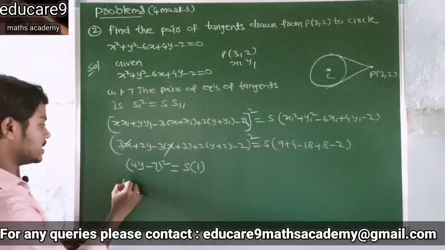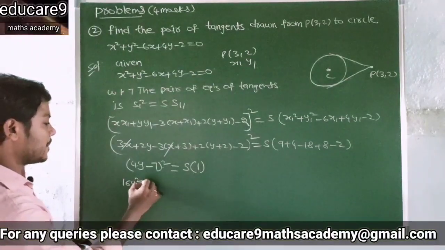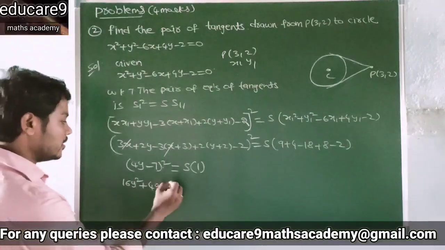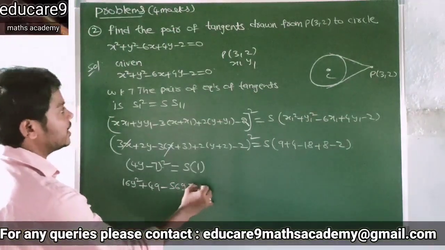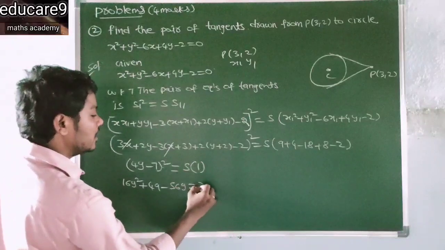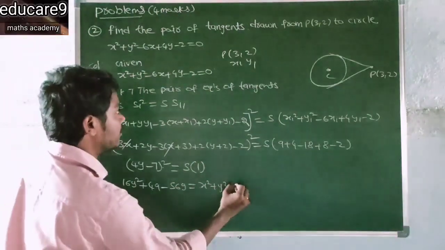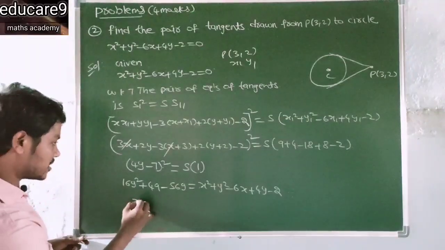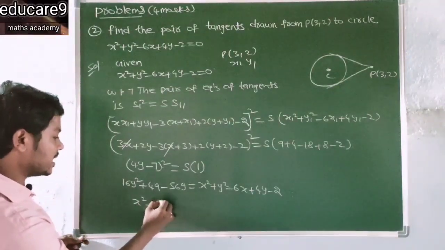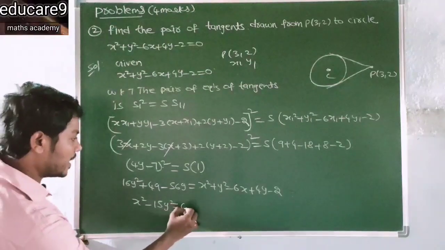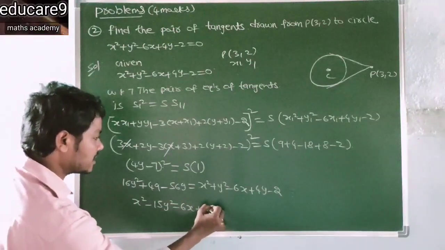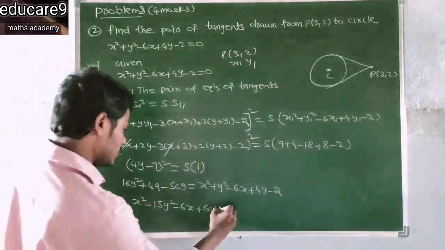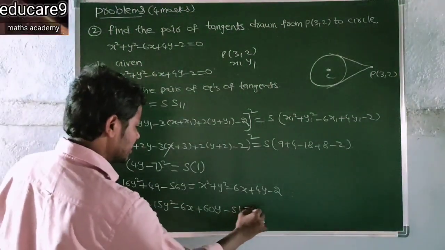So this is 16y square plus 7 square, that is 49, minus 56y is equal to S. S is x square plus y square minus 6x plus 4y minus 2. So therefore this is x square minus 15y square minus 6x plus 60y minus 2 minus 49, that is minus 51, is equal to 0.